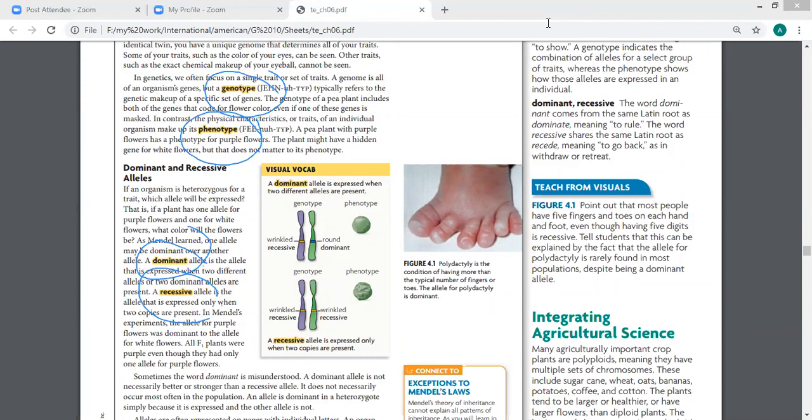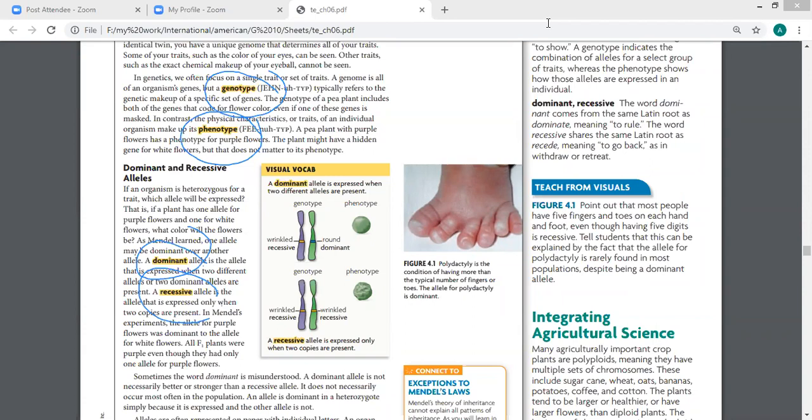So in human beings, the dark brown eye color trait is dominant because most of your friends have it, and some have another trait. So the other trait is recessive.